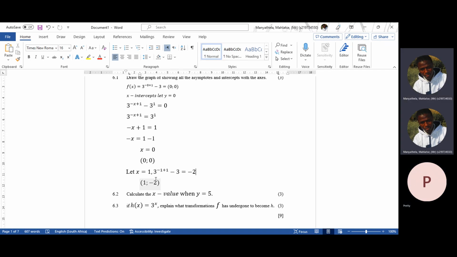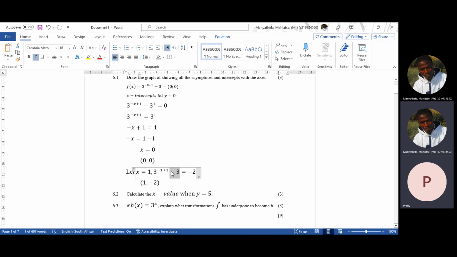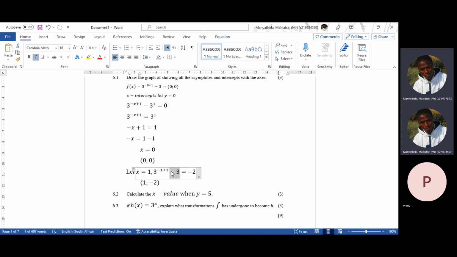The first point is at 0 and 0, and when x equals 1, the value of y is negative 2. And then negative 3 is our horizontal asymptote, meaning that you are going to draw a dotted line that intersects the y-axis at negative 3. So this line, the graph is not supposed to touch.